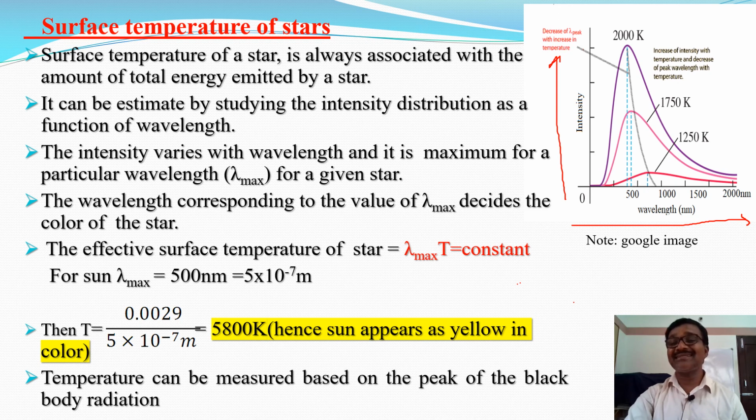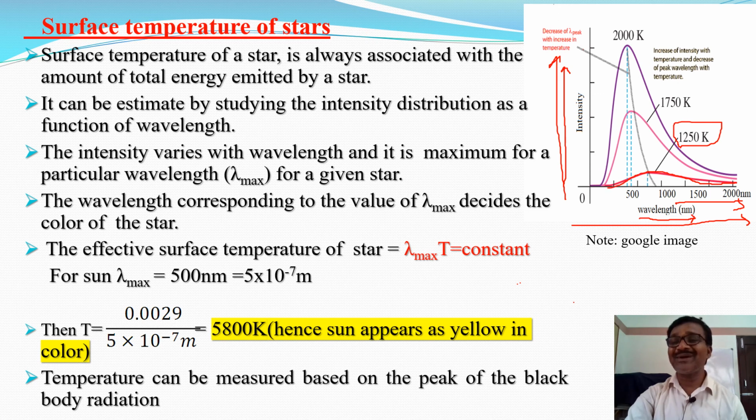Along the x-axis, we consider the wavelength in nanometers. In this direction, the wavelength increases. In this direction, the intensity increases. First, we consider the object at a temperature of 1250 Kelvin, which emits energy having many wavelengths.